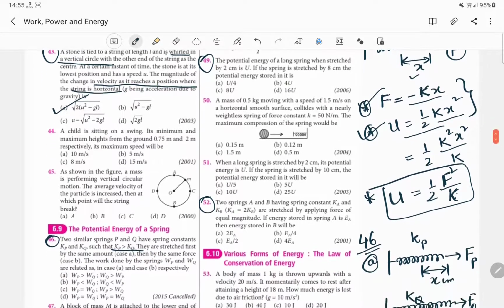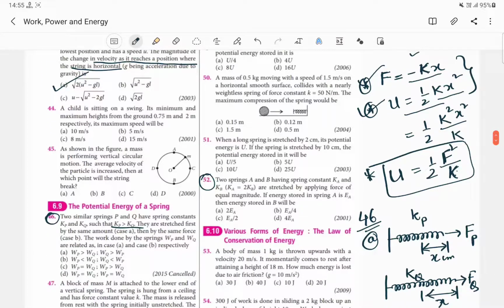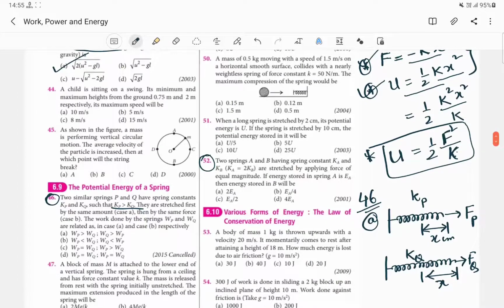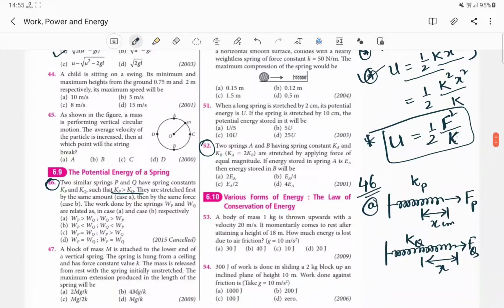Now let us read question number 46. Two similar springs P and Q have the spring constants Kp and Kq such that they have different values, but Kp is greater than Kq.